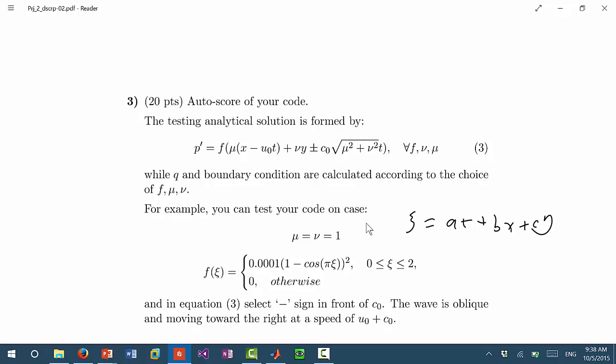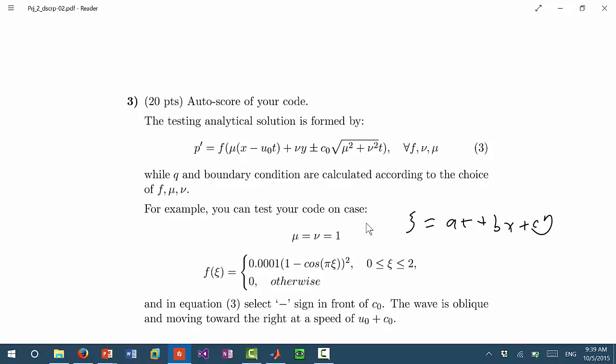And actually you can vary what a, b, and c you give to the solution. For example, there is a combination where a is equal to 0, so the function is a steady state wave. That's good to test your spatial discretization scheme, right?